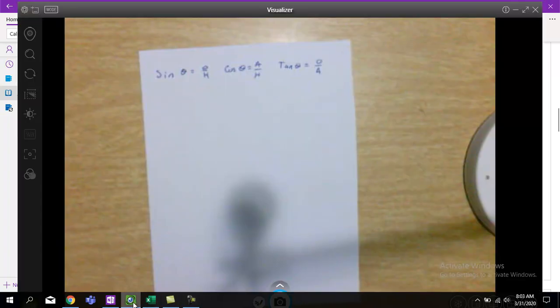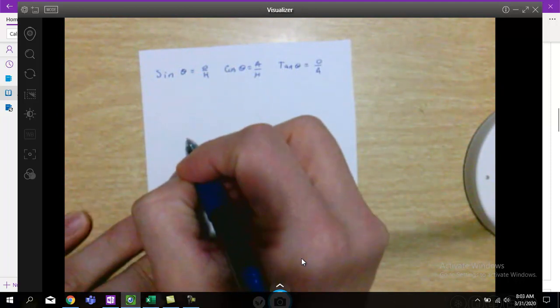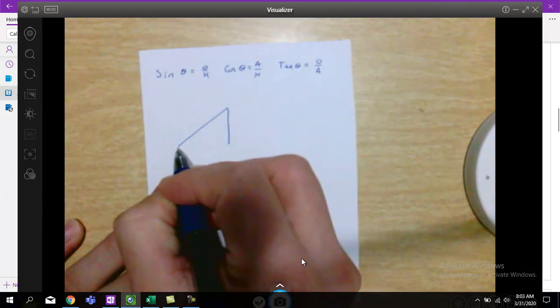When we take a look at a right triangle, let's just say we had a right triangle like this.